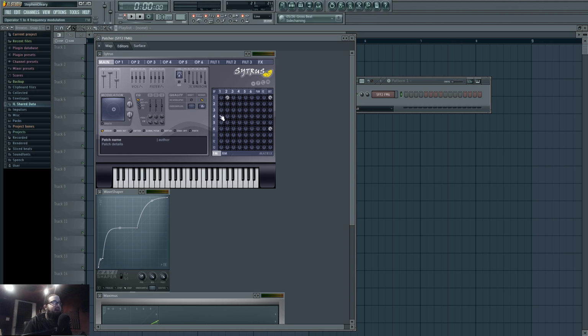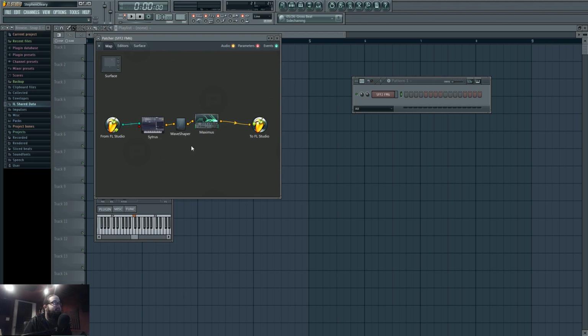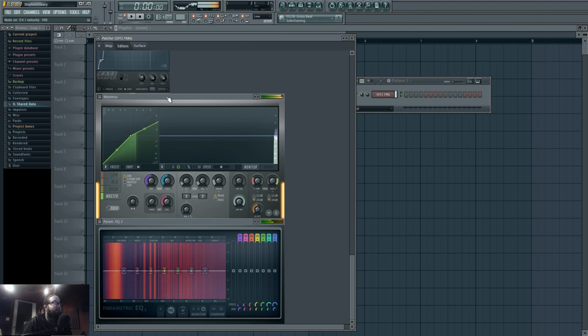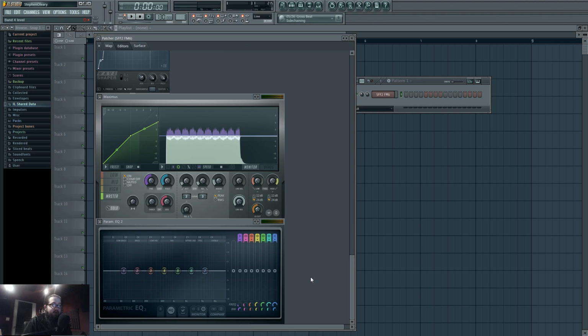So what happens with the rhythmic wobble, if I put an EQ in here before the distortion, is that the lowest tone fades in and out.